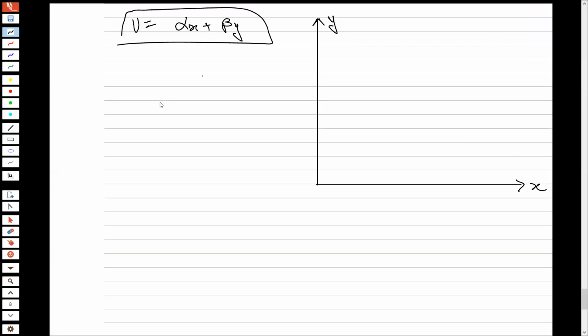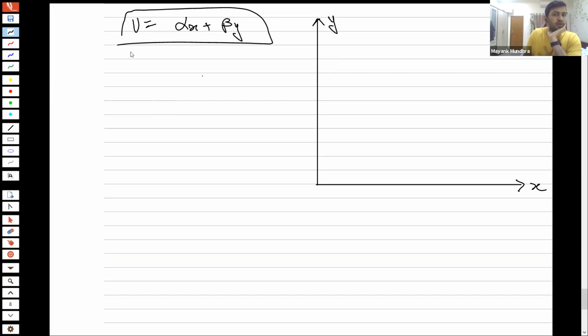Sir, it will be minus alpha upon beta. Very good. So always remember, nobody has a doubt in this case, I hope. If anybody has, this is the time to ask. The slope will be minus alpha by beta.